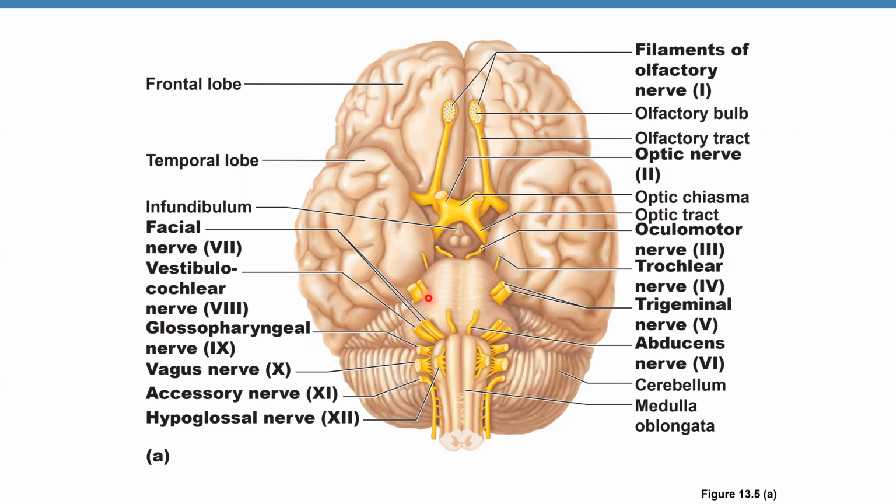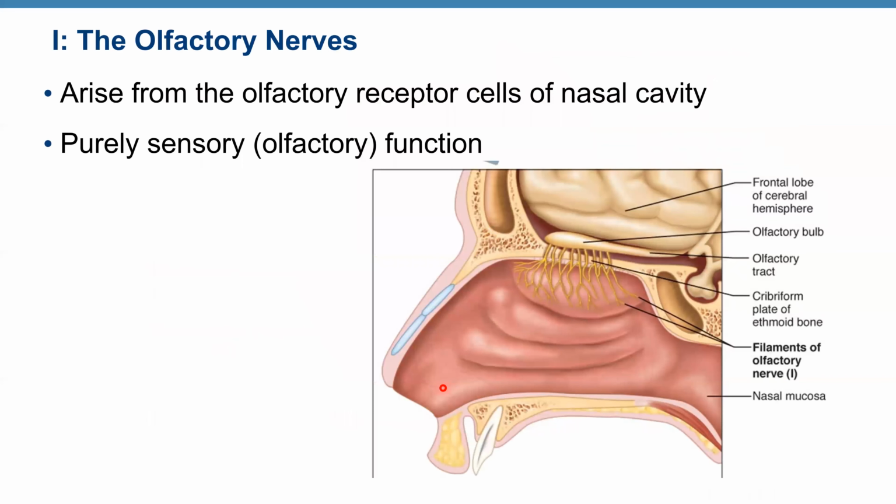So here we have 12 cranial nerves: olfactory, optic, oculomotor, trochlear, trigeminal, abducens, then facial, vestibulocochlear, glossopharyngeal, vagus, accessory, and hypoglossal. So, numbers and names.